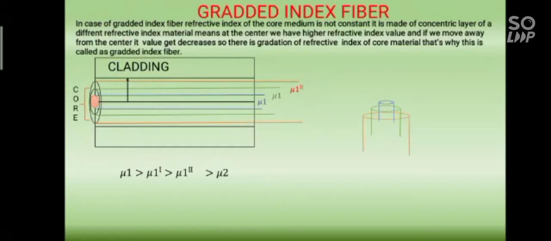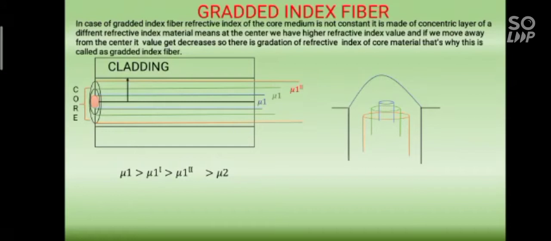The first layer has the highest refractive index, then the second layer's refractive index value decreases, and for the third layer it is also decreasing in this way. And we have a cladding, the outermost part. Its value is constant. That's why this fiber is called graded index fiber, because there is a gradation of the index profile for the core material.